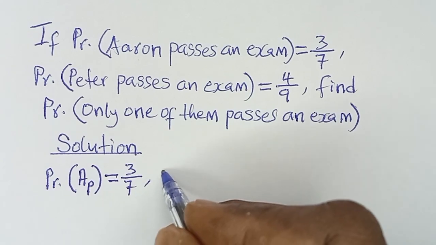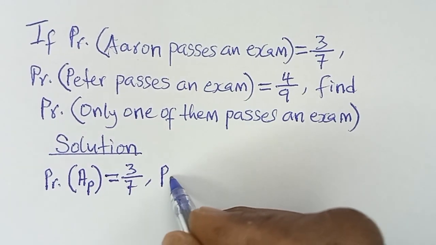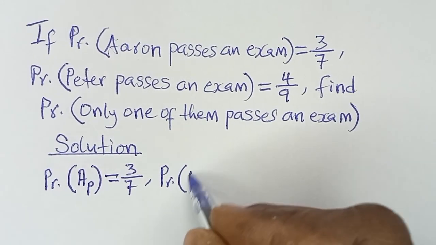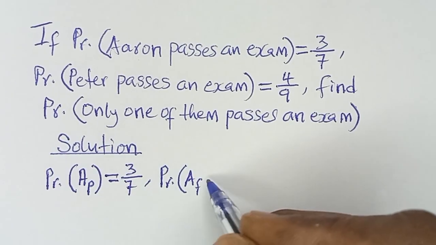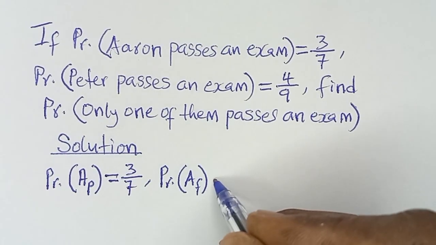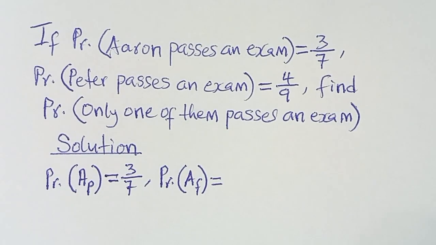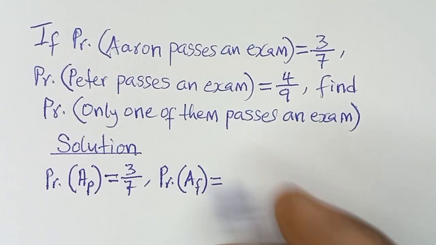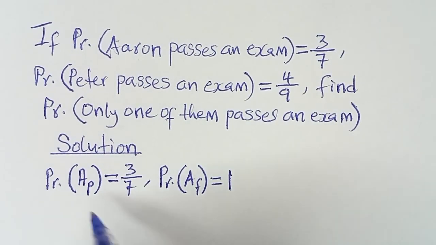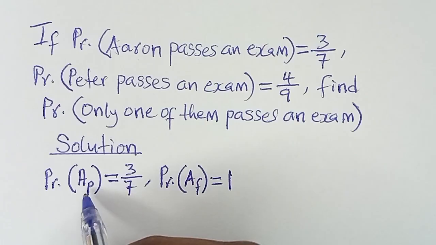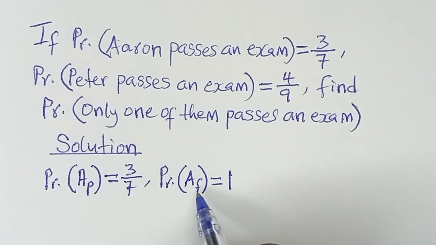Then now, let's obtain the probability that Aaron fails an exam. The probability that he fails an exam will simply be one whole number, because it is the opposite of passing the exam.